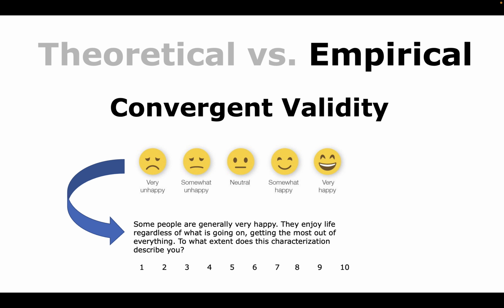It can be established by comparing the observed values of one indicator measuring the same construct with how well the respondent responds to the other, and you can correlate those two. You're assuming that both of them measure the same construct, and if they do, then you're going to have a strong convergence. If you rate very happy on the faces, you'll rate an 8, 9, or 10 on the statement, and with very unhappy, it would be the opposite of that.